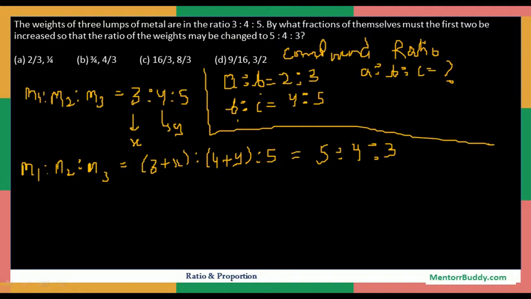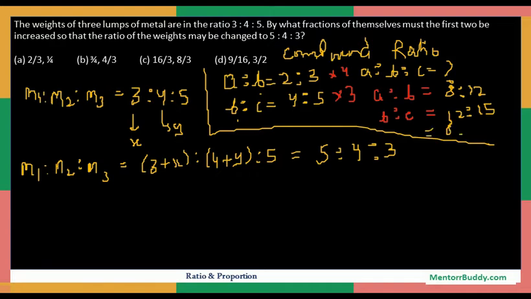To make 3 and 4 common, I'll multiply by 4 on this side and by 3 on this ratio. The new ratios become 8:12 and 12:15. Now the value of b is the same, so a ratio b ratio c will be 8:12:15. So this is the logic of compound ratio.